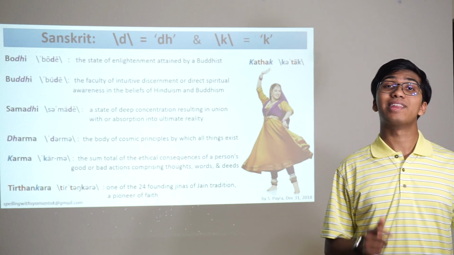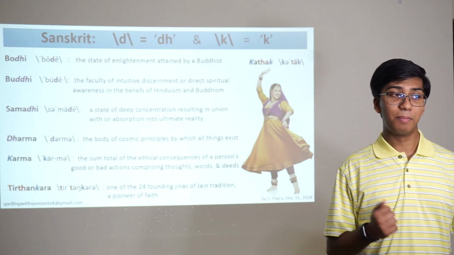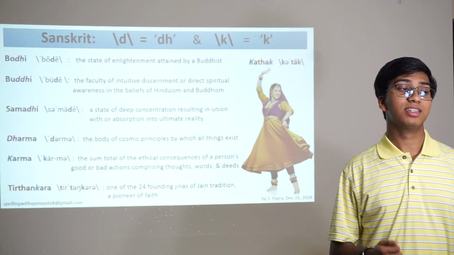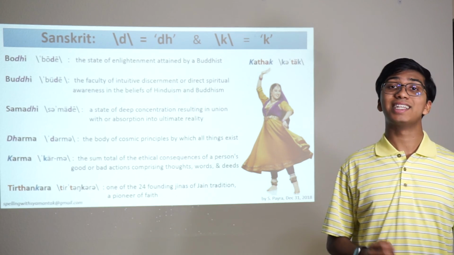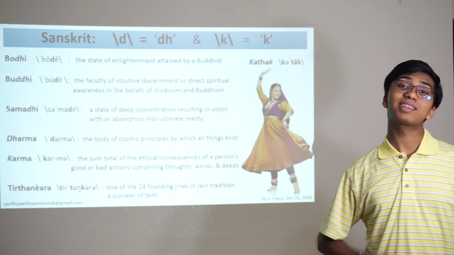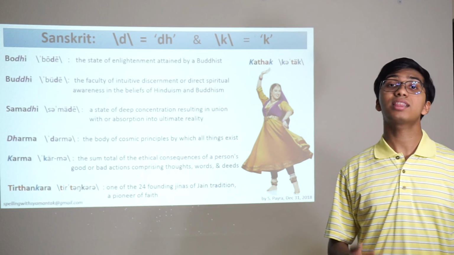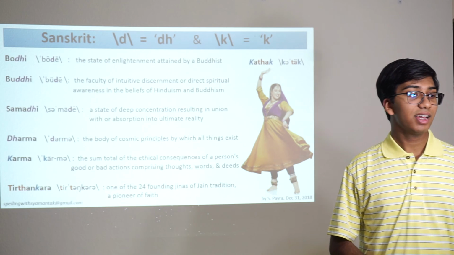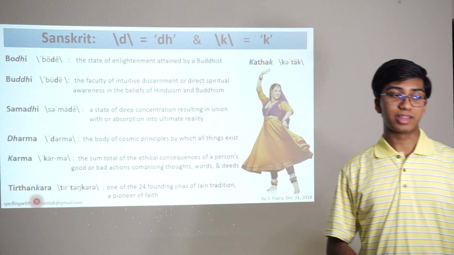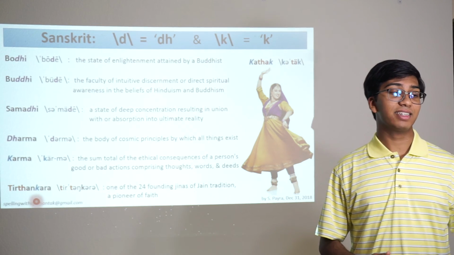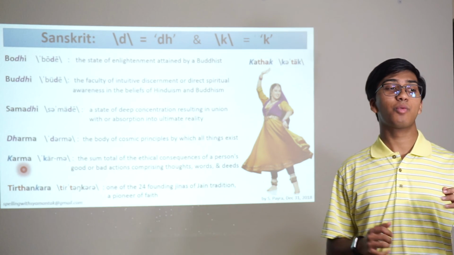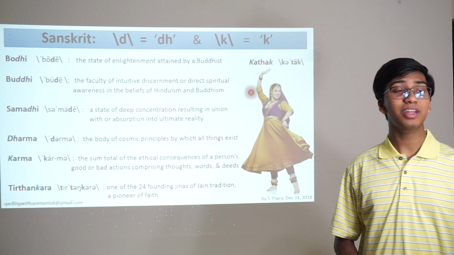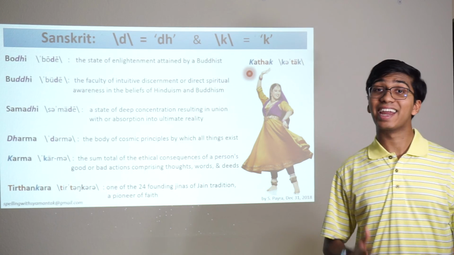Remember to spell it with that additional H. Bodhi, Buddhi, Samadhi, Dharma, even Kathak and the T. That one also has an additional H at the end. Kathak. As well as over here with Tirthankara and Karma. That's the other consonant on this page. Is when you have a K sound, that's simple. Just spell it with a K.